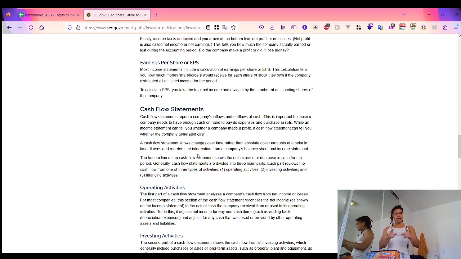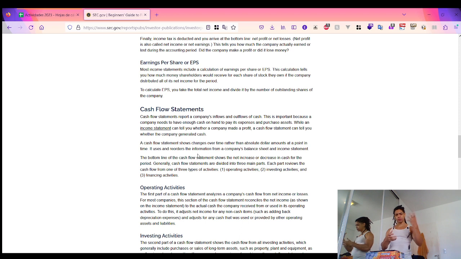While the income statement can tell you whether a company generates a profit, a cash flow statement can tell you whether a company generates cash, and it does that in a period of time.